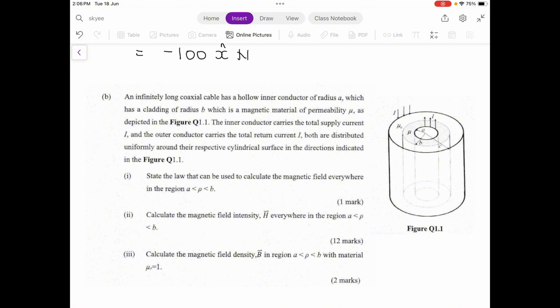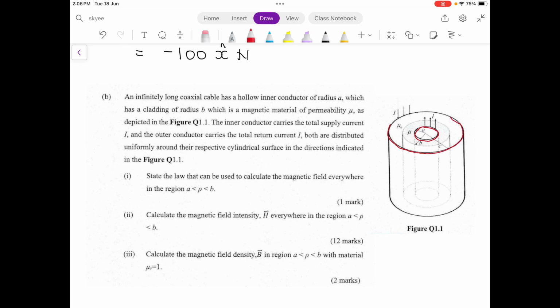The inner conductor carries the total supply current I, and the outer conductor carries the total return current I. The inner conductor is this one, and the outer conductor is over here.